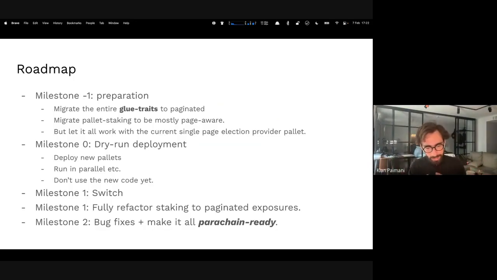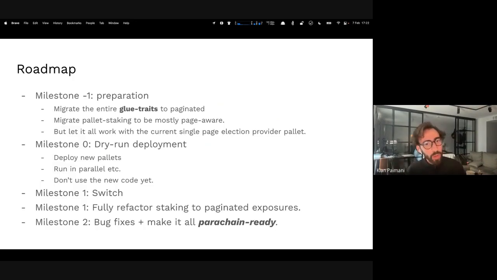So ideally, there would be no logical change, but a lot of functions are going to get that extra argument of page index, because we're assuming there could be multiple pages, but that argument is always going to be 0 because we are the last page and there's going to be no further calls.